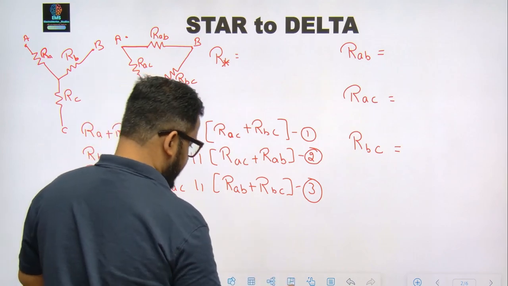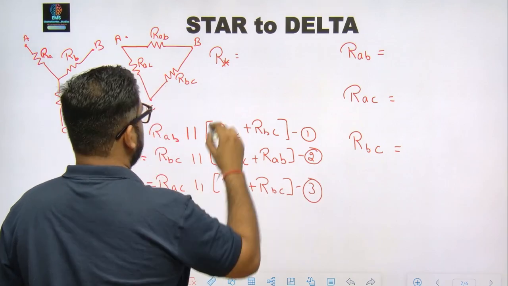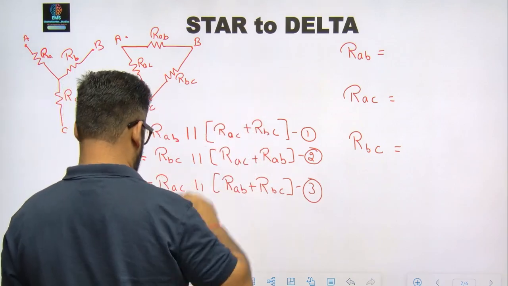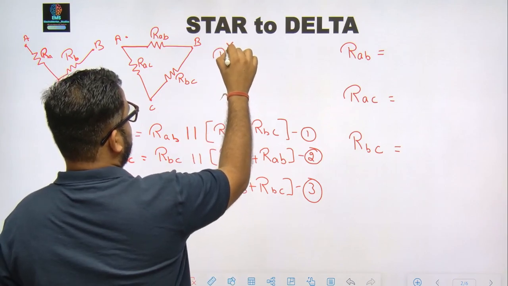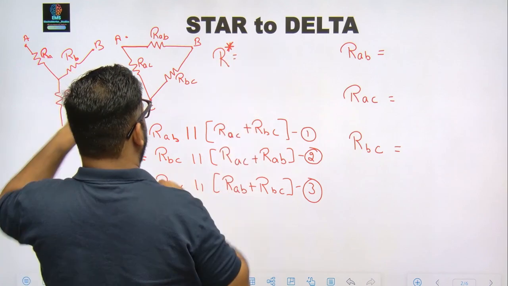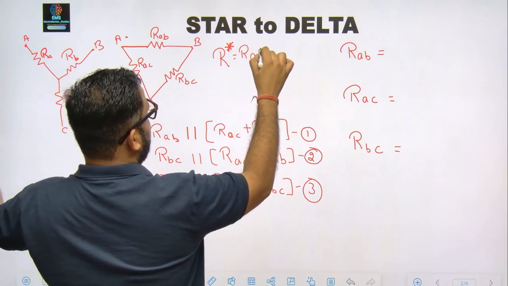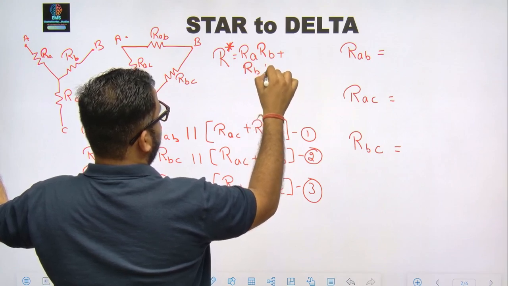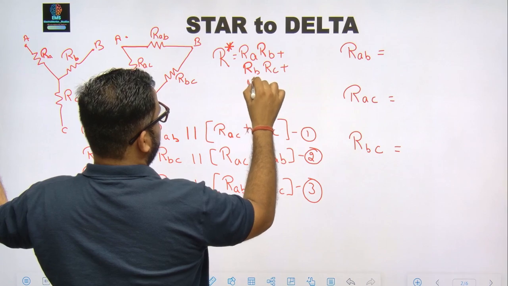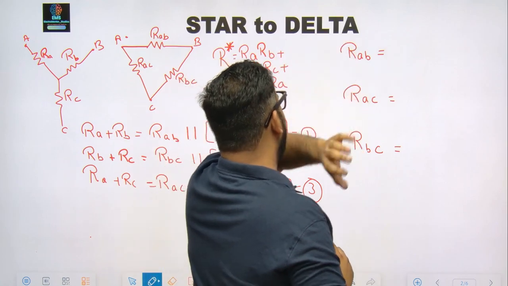This R star is coming from this star network. So R star is RA into RB plus RB into RC plus RC into RA.